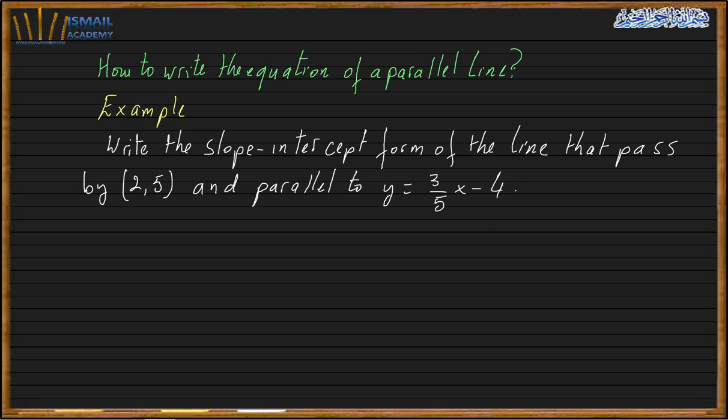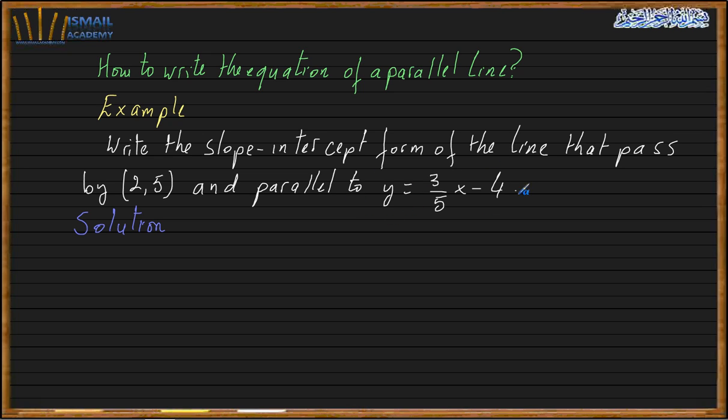Alright, so the answer to that question is the following. I already have a point, so what I need is a slope. What I know is that the line I'm going to write down is parallel to this one, which means that if the two lines are parallel, they have the same slope.